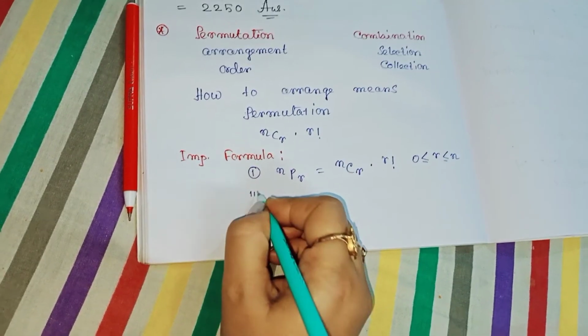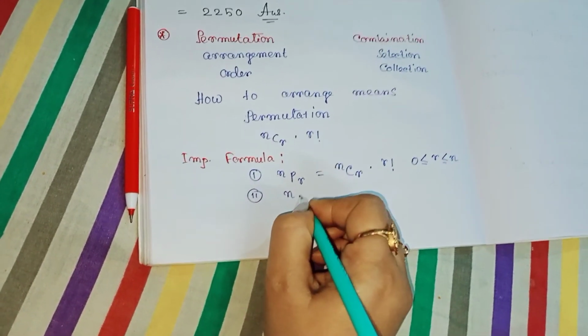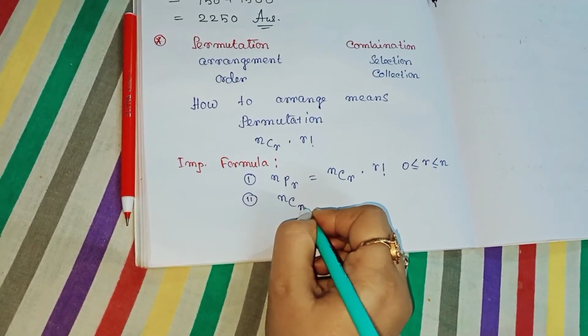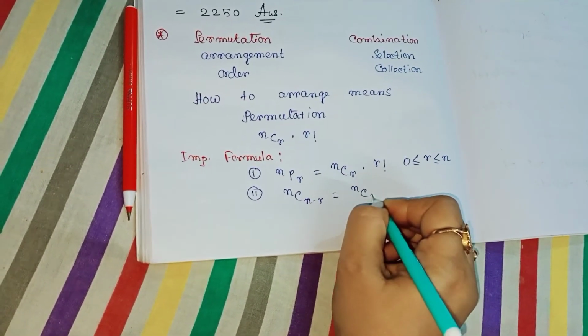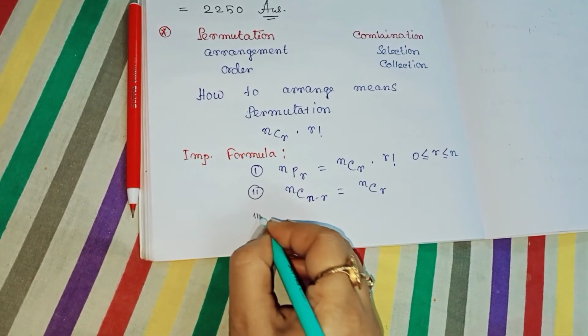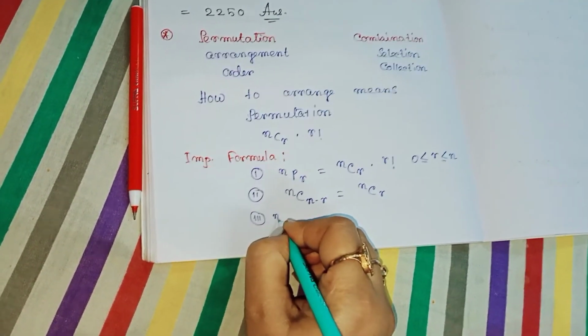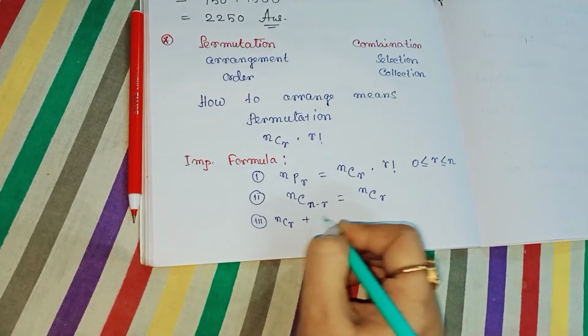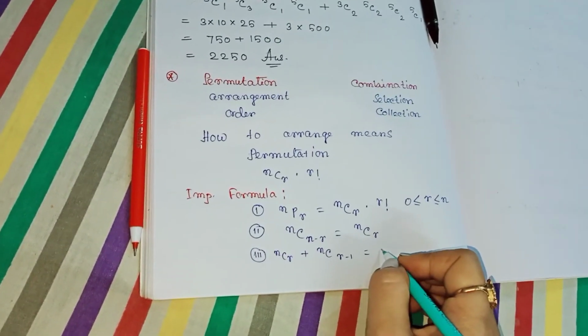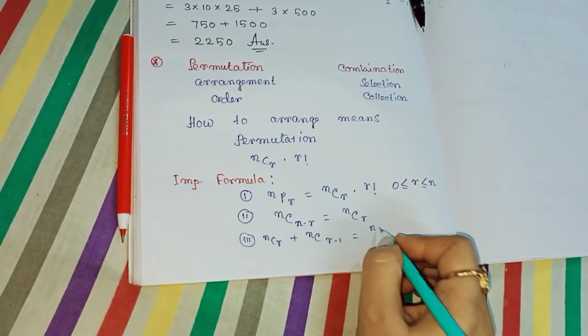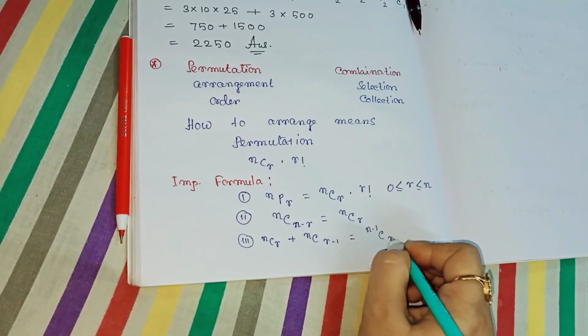Formula number 2, NCR equals NC(N minus R). Formula number 3, NCR plus NC(R minus 1) is equal to (N plus 1)CR.